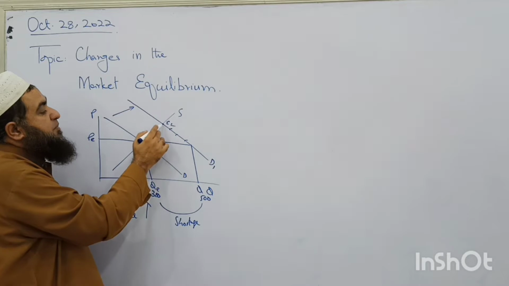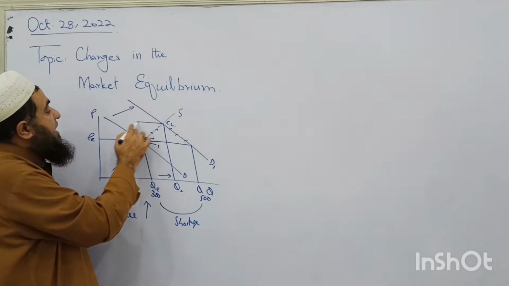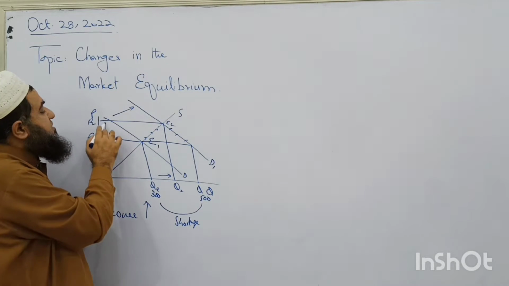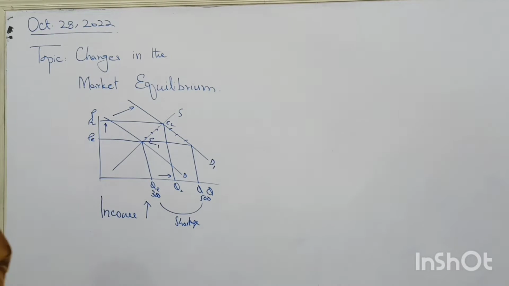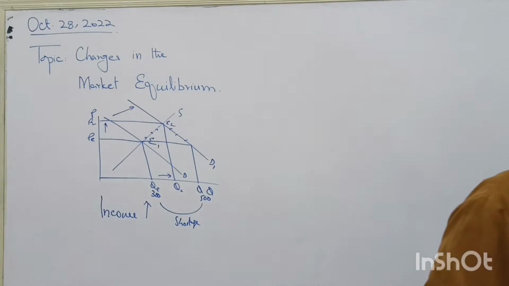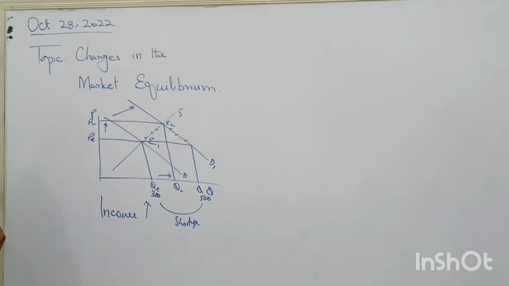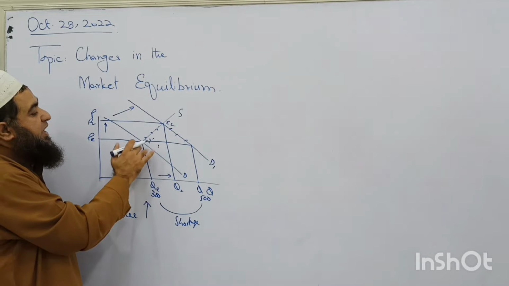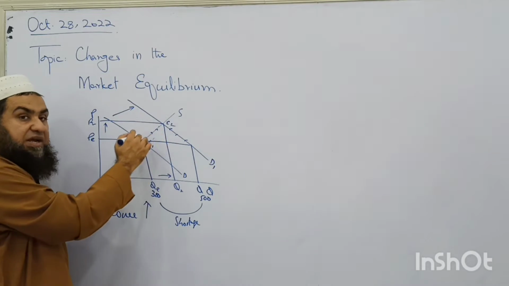So another equilibrium point will be achieved where equilibrium quantity has increased and equilibrium price has also increased when demand has shifted rightward. So what happens when demand shifts rightward? Both equilibrium price and equilibrium quantity will increase. Why are both increasing? The reason is that the equilibrium point is now moving along the supply line.